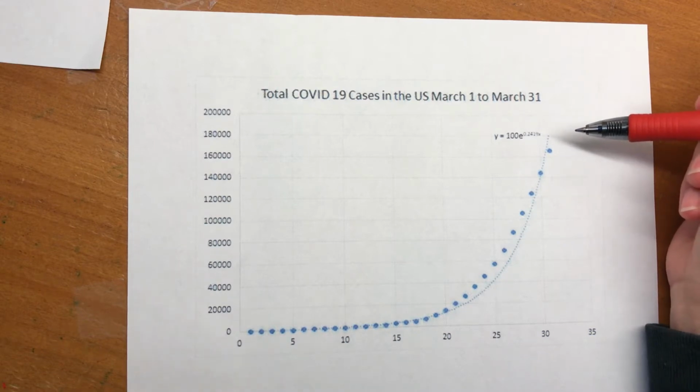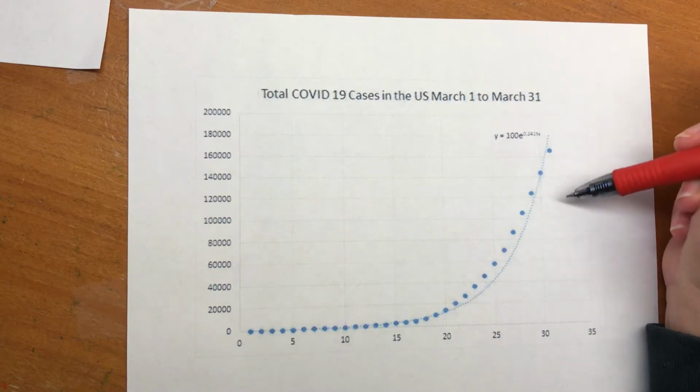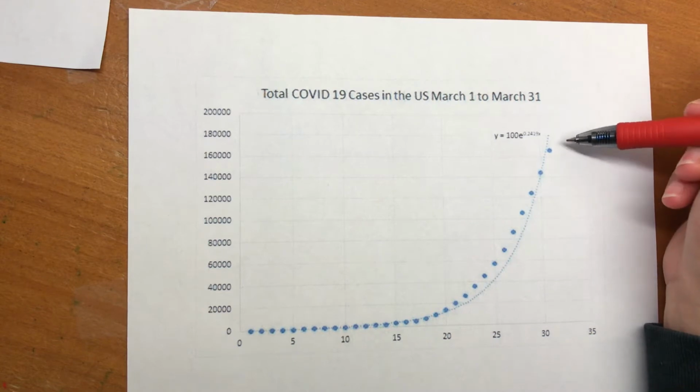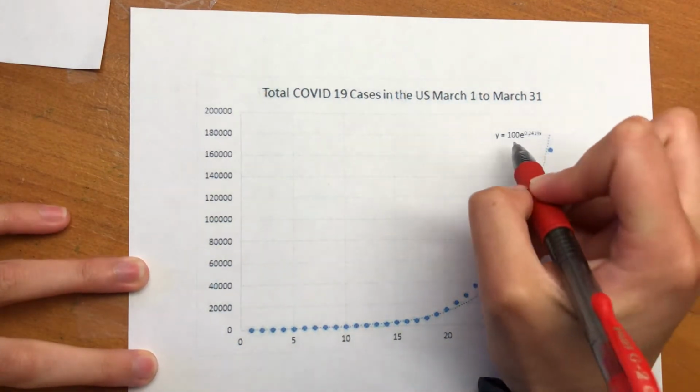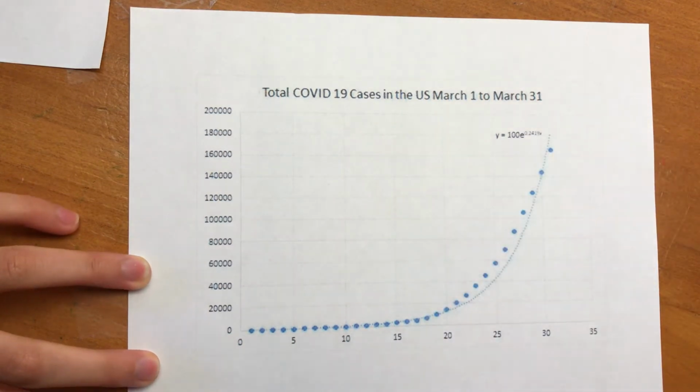So the data you looked at yesterday, I think went up until about April 9th or 10th. But I've cut this off at March 31st because in April is when we really started to see social distancing take effect. Okay, and what I did is in Excel, I fit an exponential trend line to this data, and I asked Excel to give me an equation. So this is the equation that Excel gave me, and I'm going to write this down here.